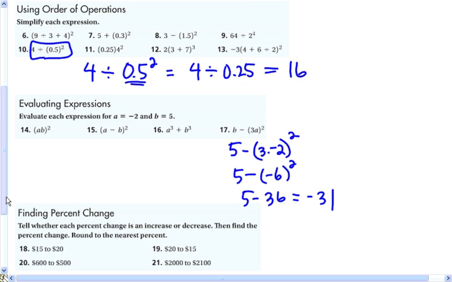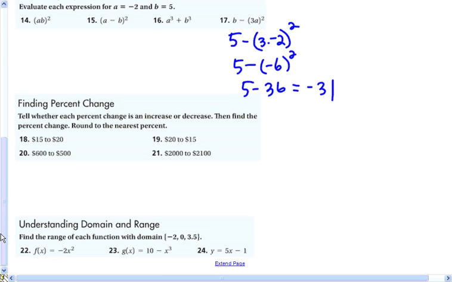All right. Finding percent change. Here's something that a lot of students seem to have problems with. A lot of people, when they're doing percents, just think they can divide the two numbers, 15 divided by 20, and change it to a percent. But that doesn't work with percent change. You can get the answer from that as long as you know how to read your answer and how percents work. But the best way to do it is to figure out how much change there is by subtracting.